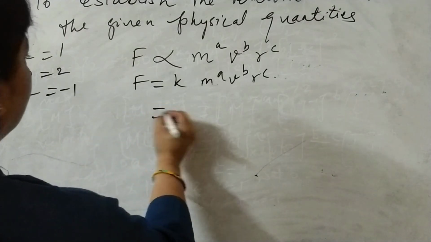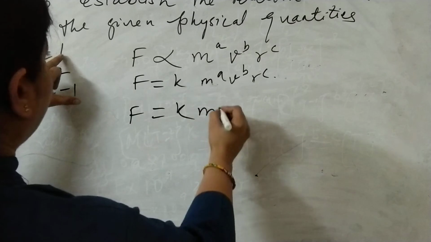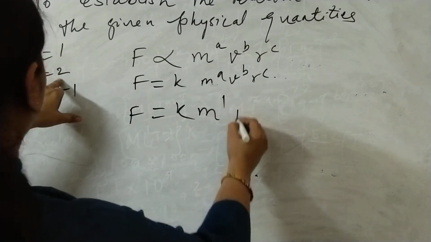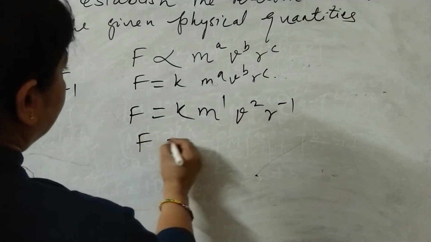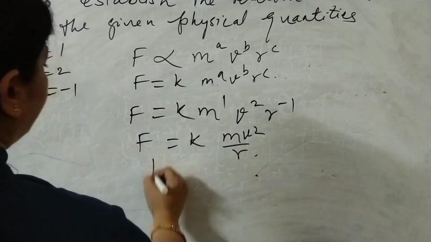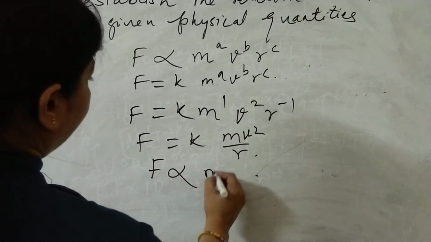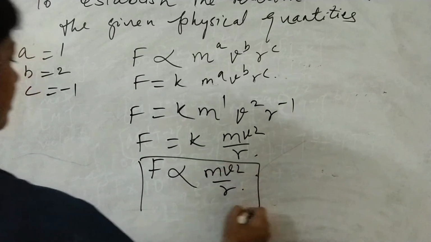So F is equal to k, m to the power a, which is 1, v to the power b, which is 2, and r to the power minus 1. So F is equal to k m v square by r, or we can write F proportional to m v square by r. So this is the relation.